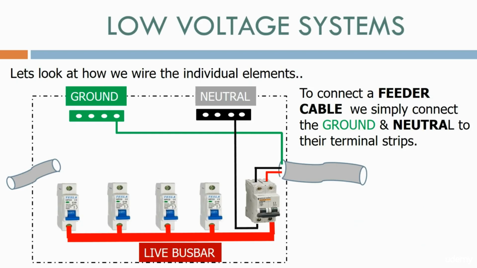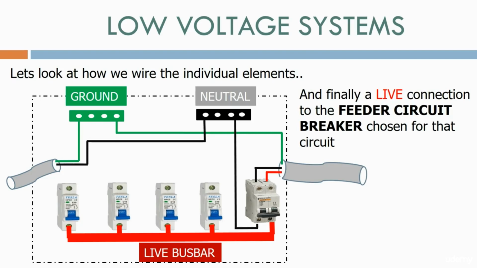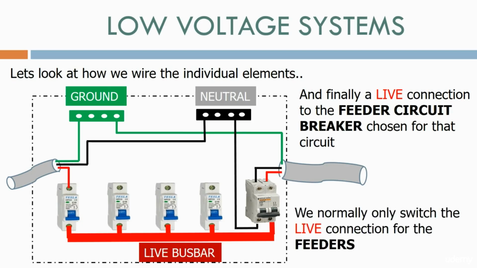To connect a feeder cable, we simply connect the ground and neutral to their terminal strips. And finally, a live connection to the feeder circuit breaker chosen for that circuit. We normally only switch the live connection for feeders.